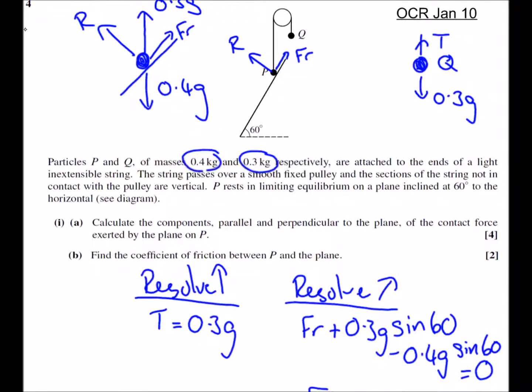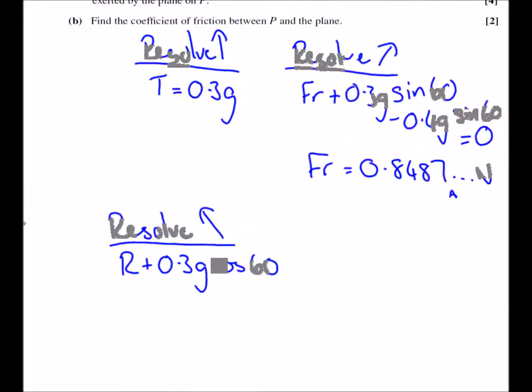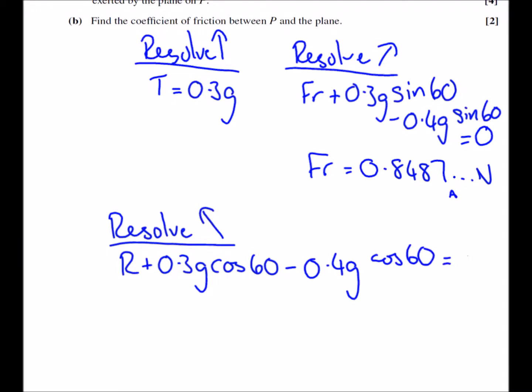The friction's not going to be acting because it's perpendicular to the direction we're looking at, and then I need 0.4 G, and again that's going to be minus because it's pulling me into the slope, and it's going to be cos 60. And again, we're in equilibrium, so it's going to be equal to 0, and I can just work out what R is going to be. And I get R as being 0.49.